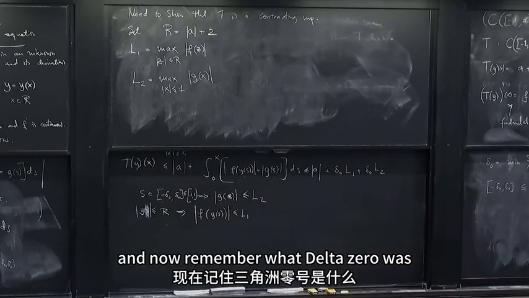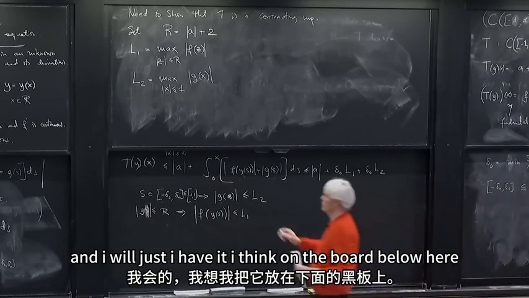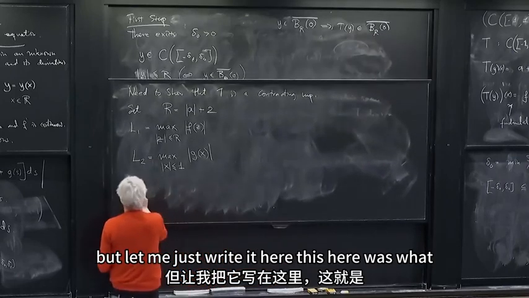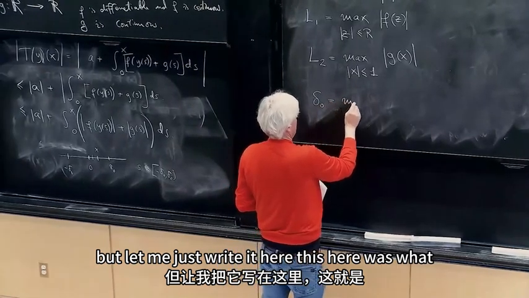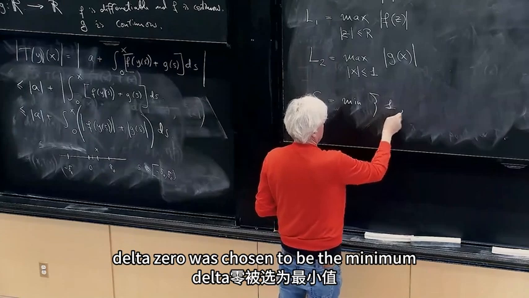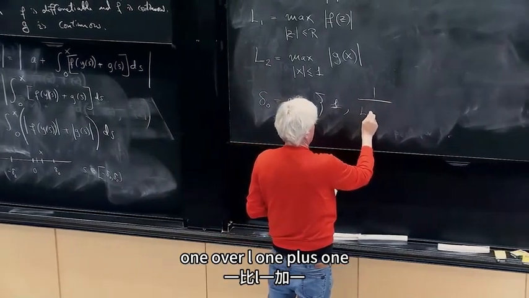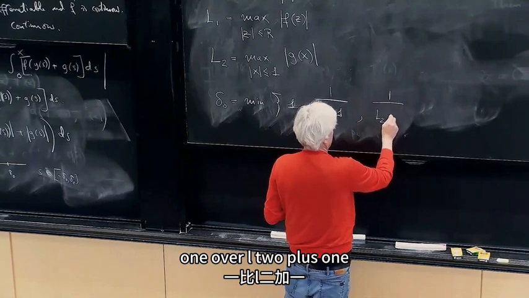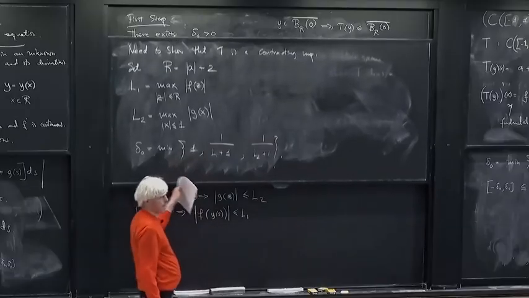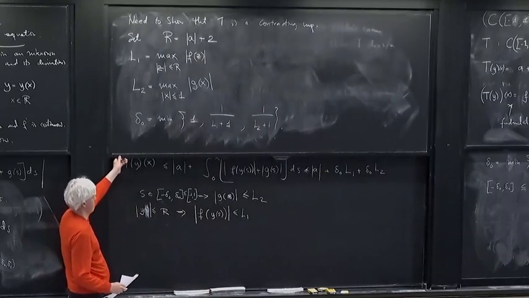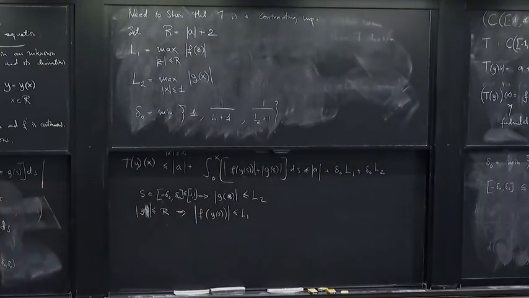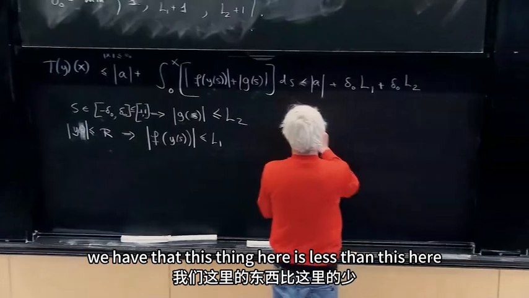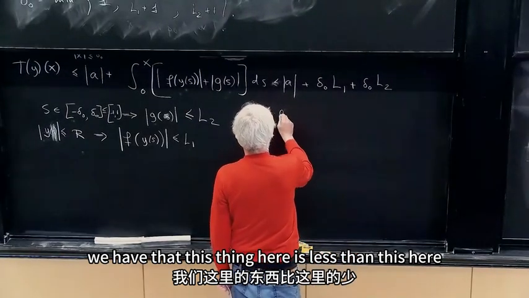And now remember what delta 0 was. I think I have it on the board below, but let me just write it here. This was what delta 0 was chosen to be: the minimum of 1 over L1 plus 1, and 1 over L2 plus 1. Okay? So now we have that this thing here is less than, this here we just keep.